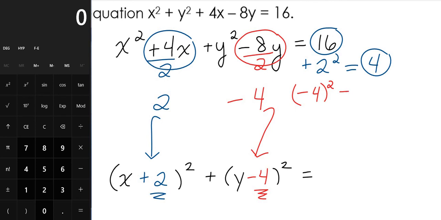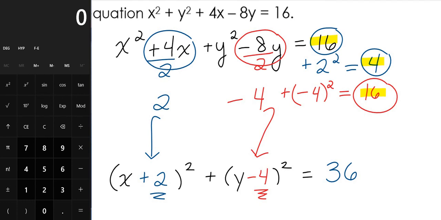Negative 4 squared is 16. You're always going to get a positive number coming out of a square. So it's 16. You're going to add this to the other two numbers that we had circled before. So now, almost done. 16, 4, and 16 are going to get all added together, and you're going to get 36.